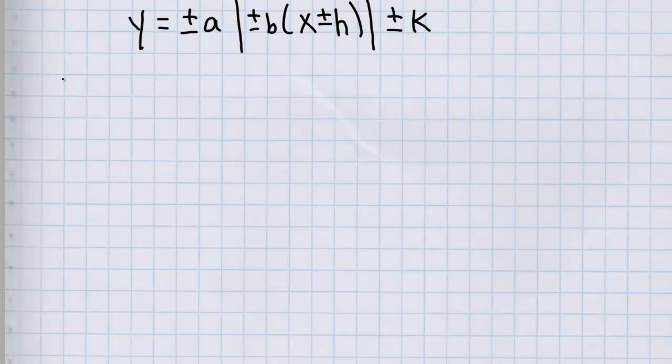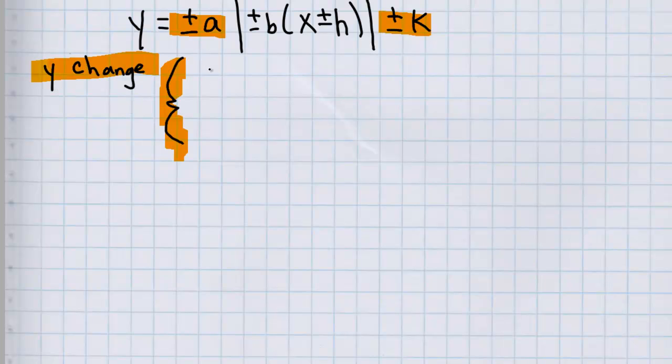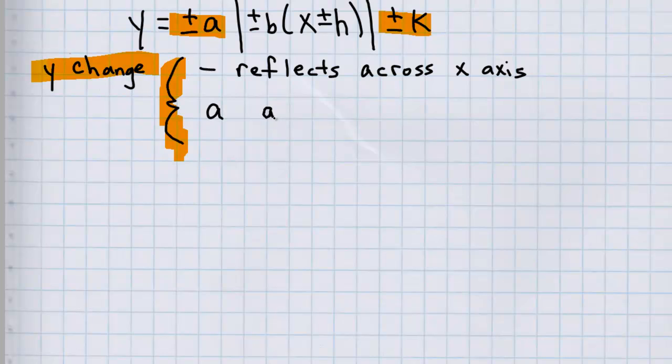And let's talk about our y changes first. For the y change, let's talk about if there's a negative in front. From our last unit, we know that this reflects across the x-axis. Next, let's look at a. Recall, when a is greater than 1, we have a stretch. And when a is between 0 and 1, we have a compression.